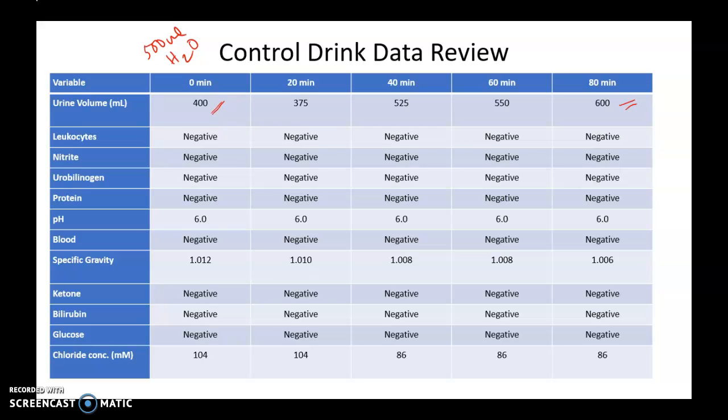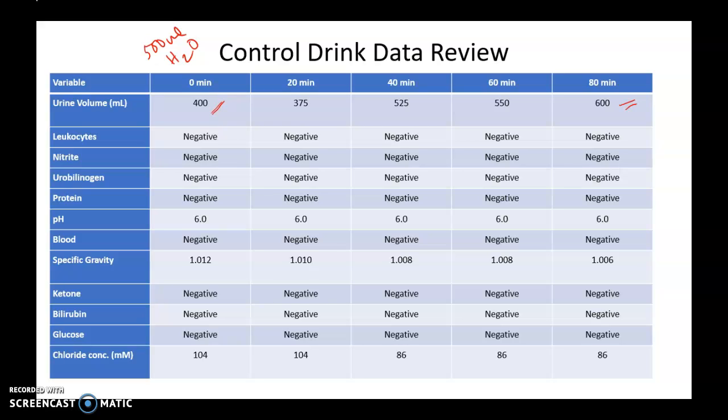You should always be negative for protein if you're a normal and healthy individual. Remember, we need the proteins. We cannot afford to get rid of all the proteins from our body. You should always be negative for blood. Unless we are menstruating, we should not have blood in our urine if we are healthy.